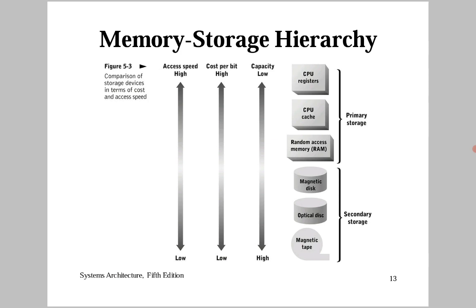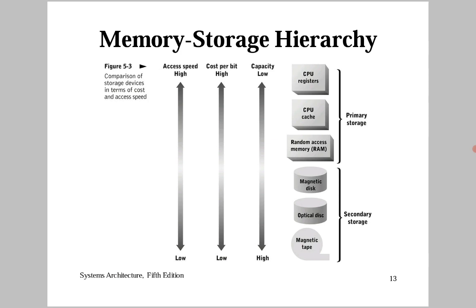And second, the remaining devices like magnetic disks, optical disks and magnetic tapes are secondary storage devices. They are also called auxiliary storage devices. Here we may compare three parameters: access speed, cost per bit, and capacity.